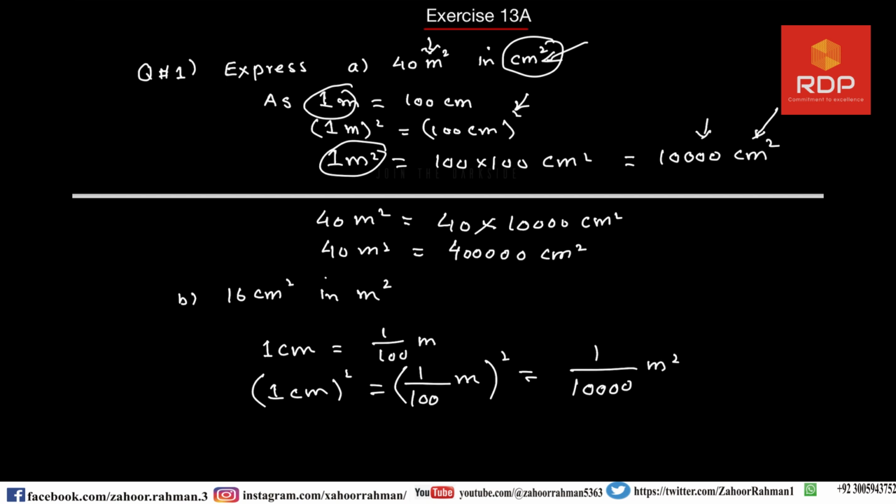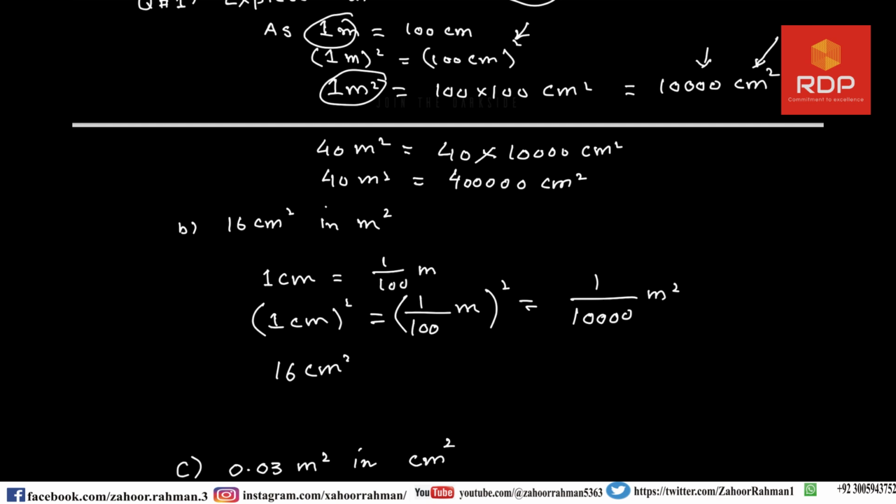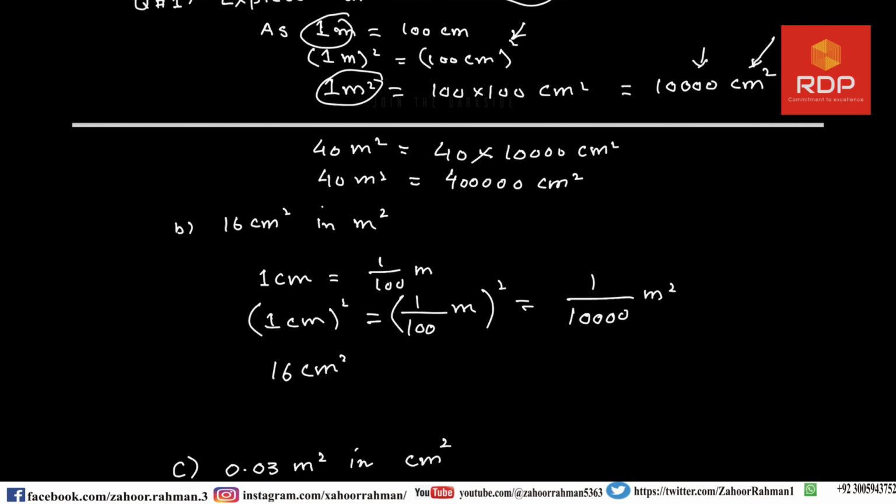Now, 16 centimeter square is equal to what? We have to multiply 16 and this 1 over 10,000, and we will write meter square.